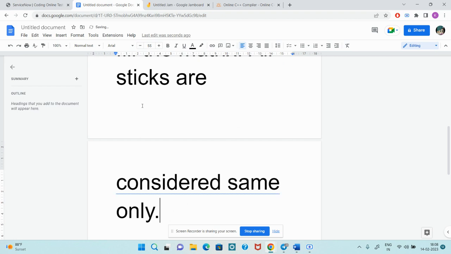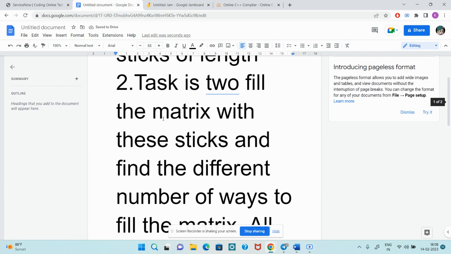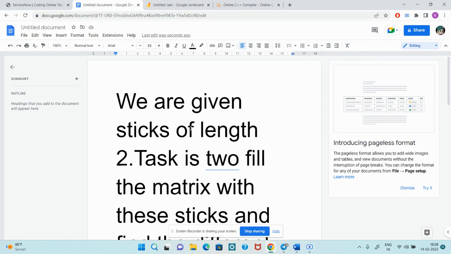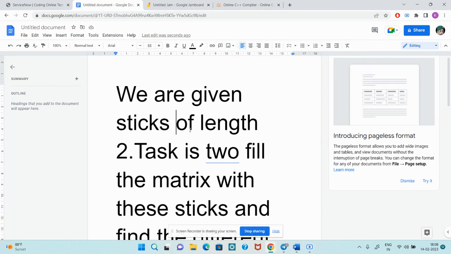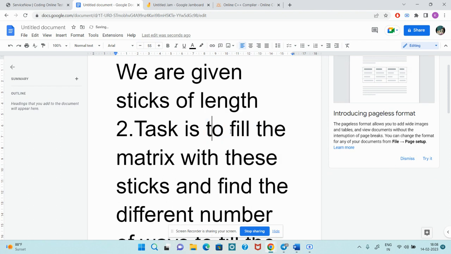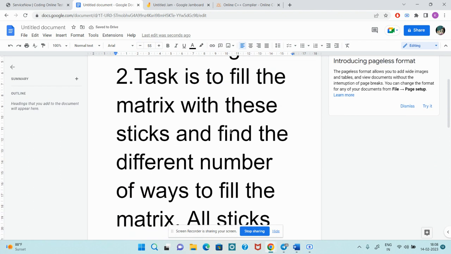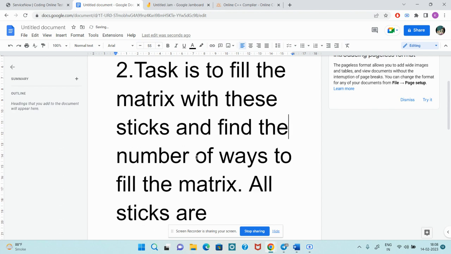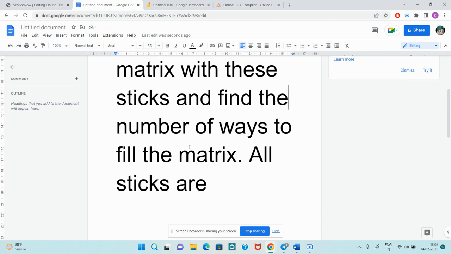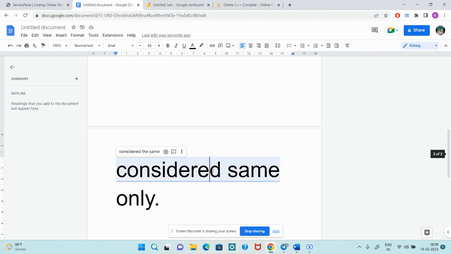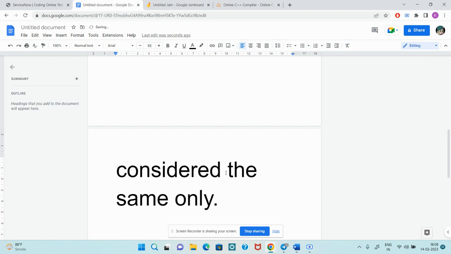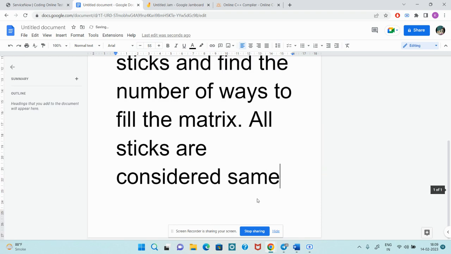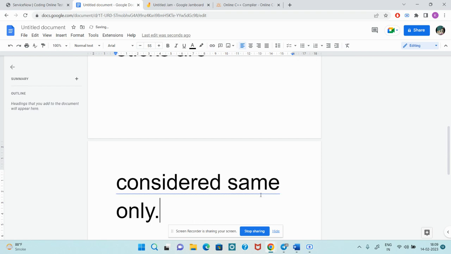This is what the question meant. Obviously the language is a bit complicated, but this is the gist of the whole problem. We are given sticks of length 2, the task is to fill the matrix with these sticks and find the number of ways. All sticks are considered the same only. So this much is clear, guys.